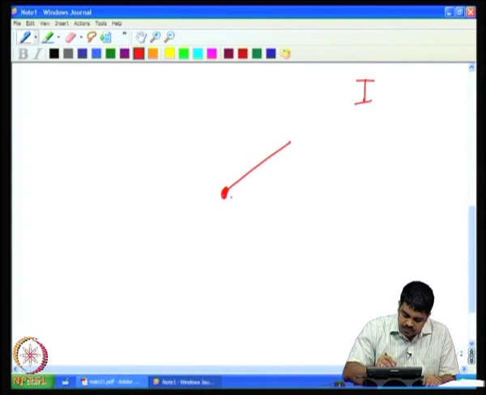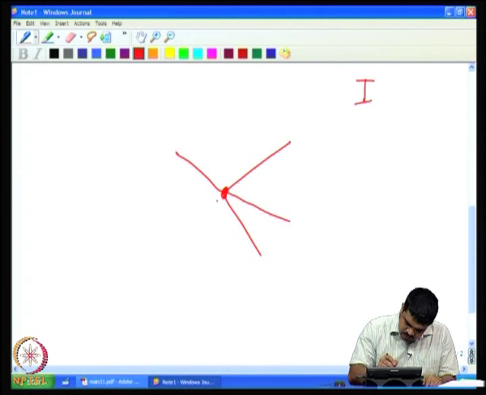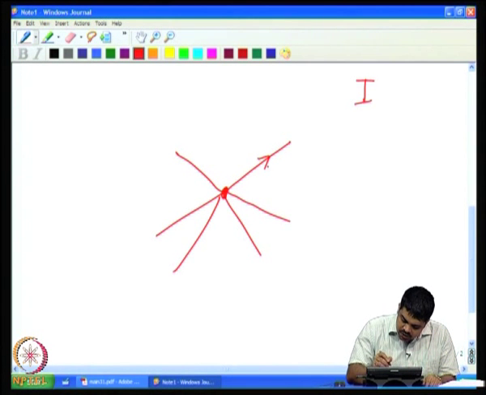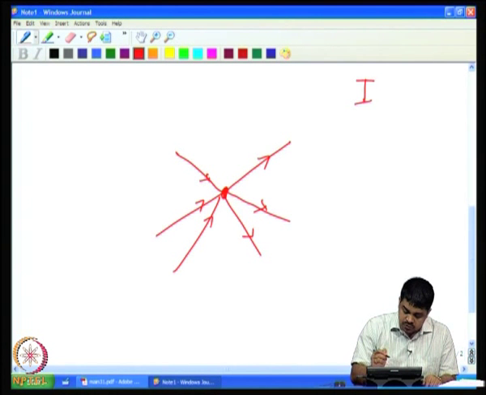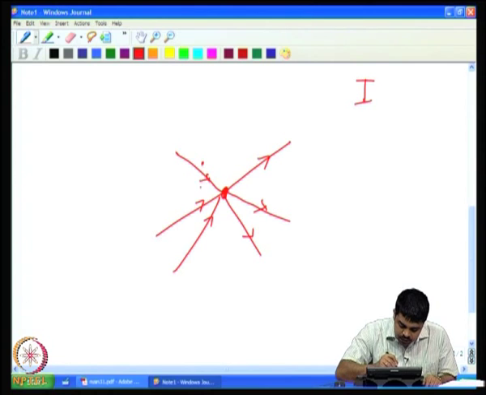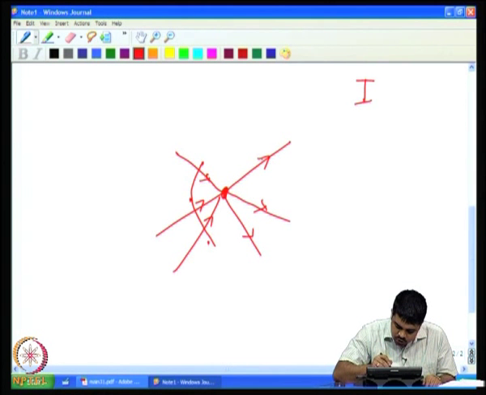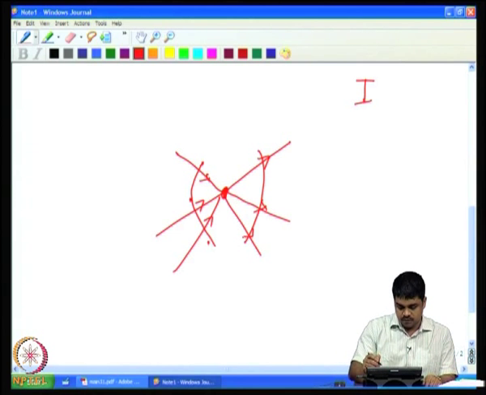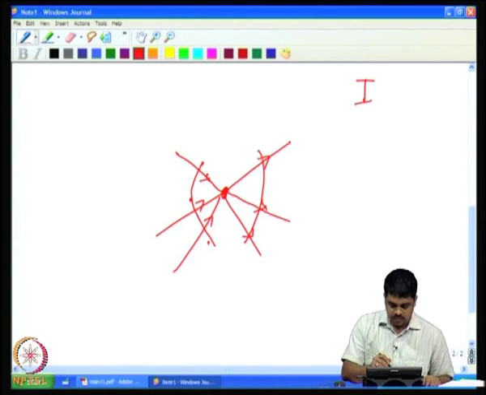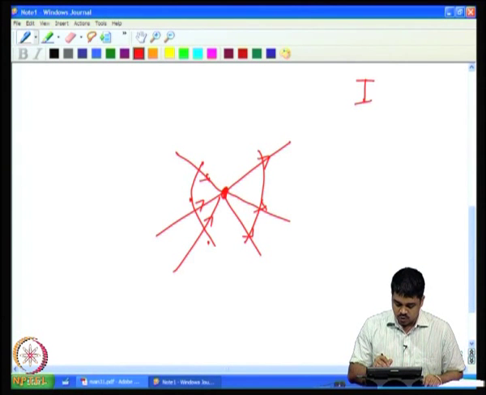So, for instance, if the vertex is like this and these are the outgoing edges and these are the incoming edges. So, the value of the flow should be such that if you add up these values, it should be equal to the value of flow on the outgoing edges. If you add up the values on this, that should be equal to the values on this.